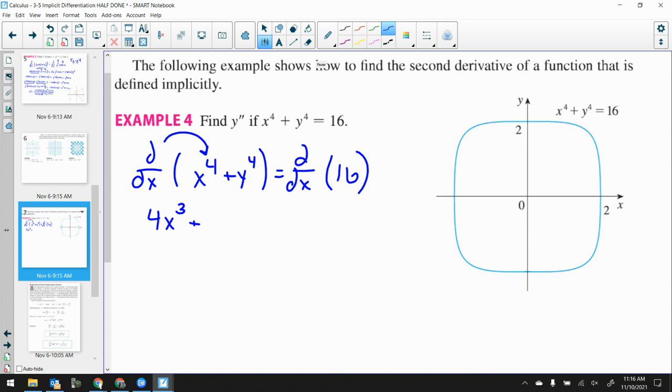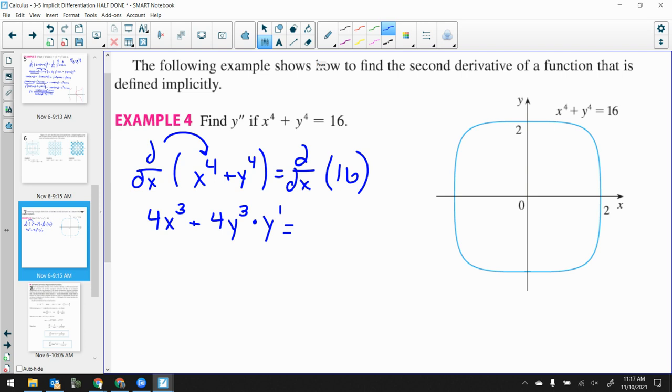And now, look, I've got y to the fourth. So I differentiate the fourth power, which means I get 4y to the third. Remember, leave the inside function alone. The y stays in the first part of the chain rule, and then multiply it by the derivative of y, y prime.